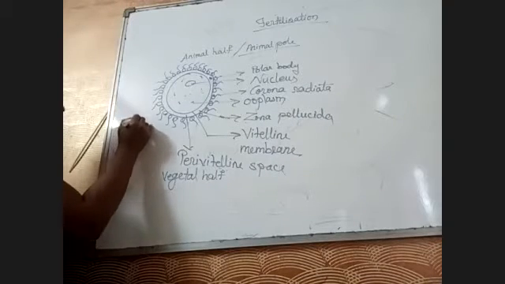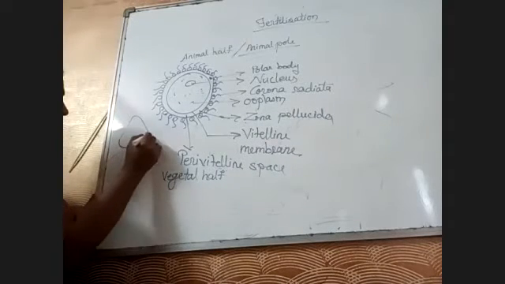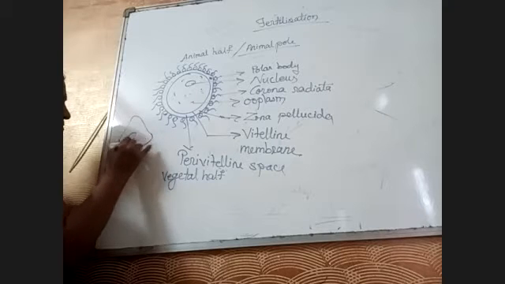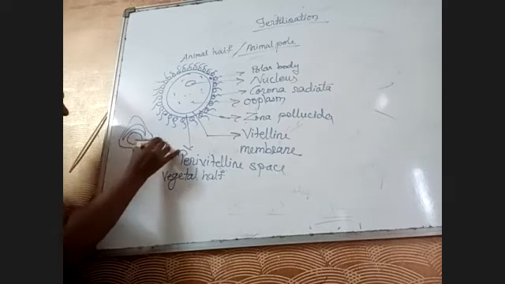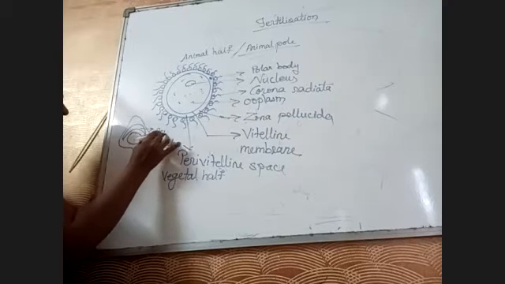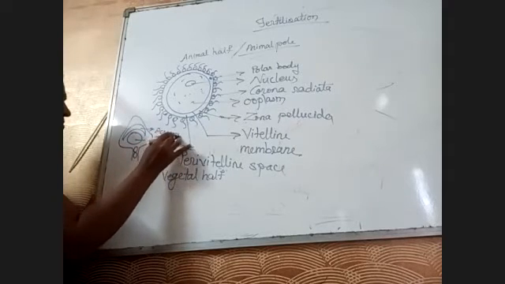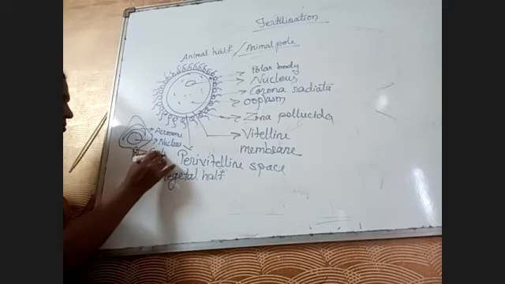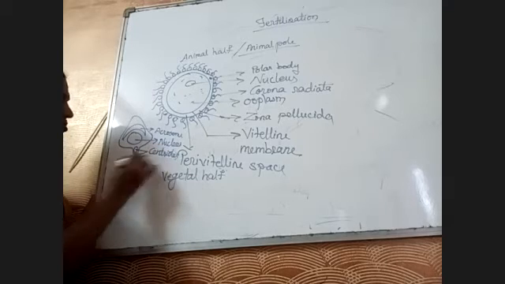Okay, and I have already explained the structure of the sperm. This is the nucleus. This is the acrosome. These are the centrioles.